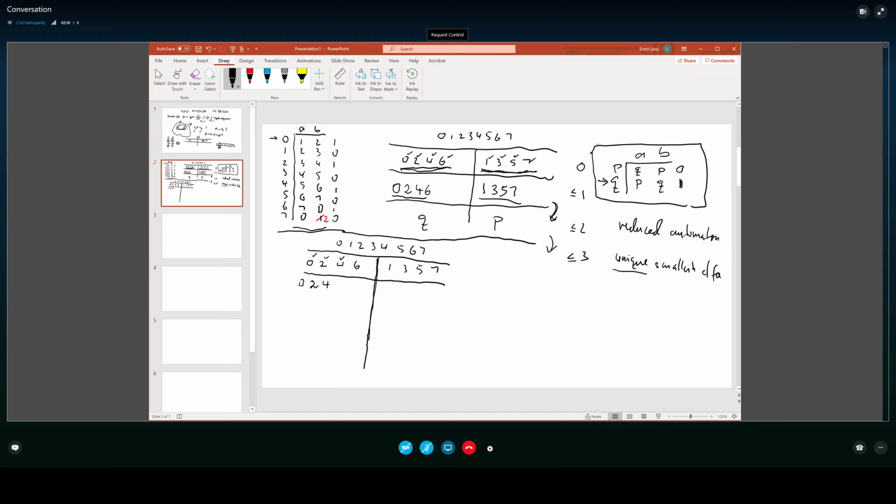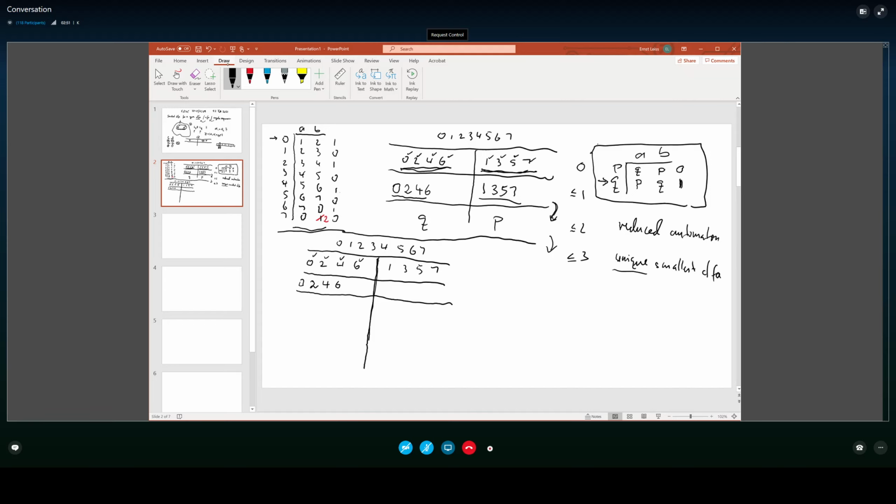And finally 6 and 4. 4 under A is 5, 6 under A is 7. 5 and 7 are together, so I have to go to the next letter, which is B. 4 and 6 is 6 and 0. 6 and 0 are together, and therefore I have not been able to differentiate anything in here.